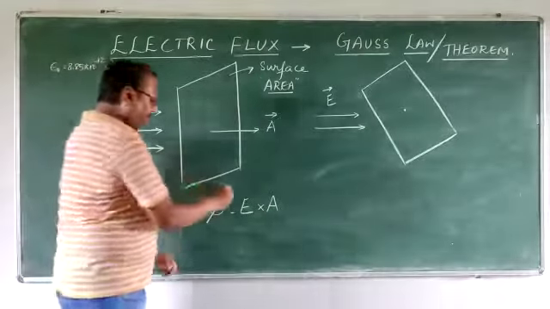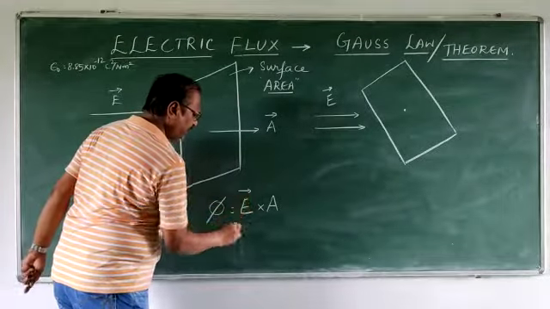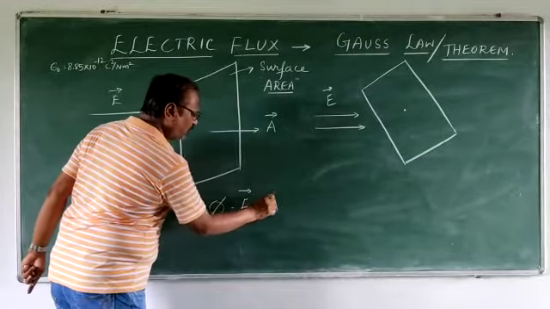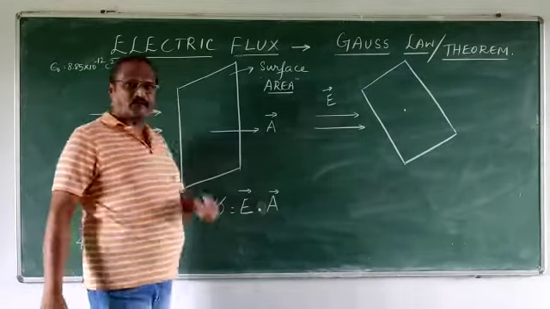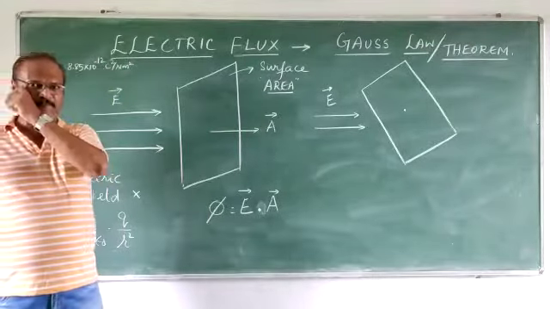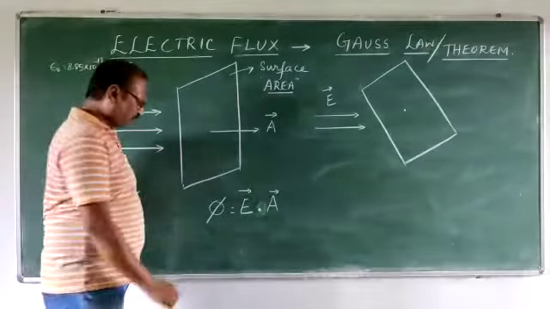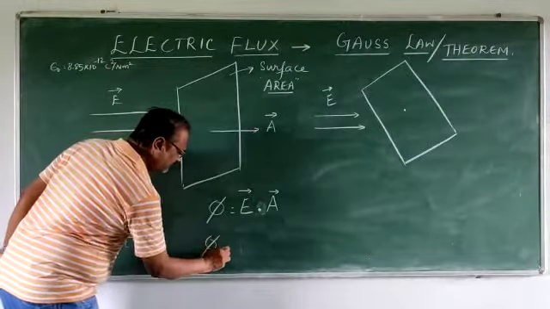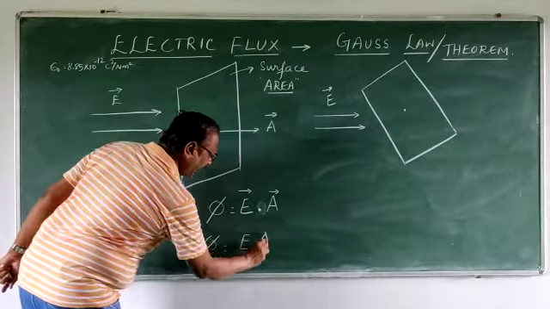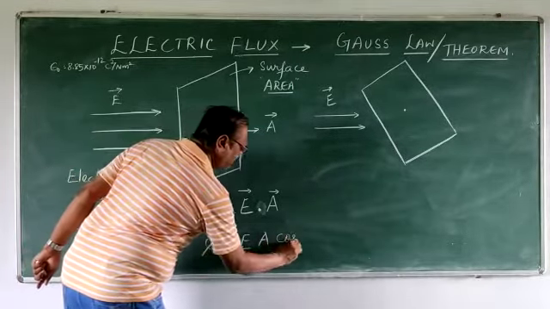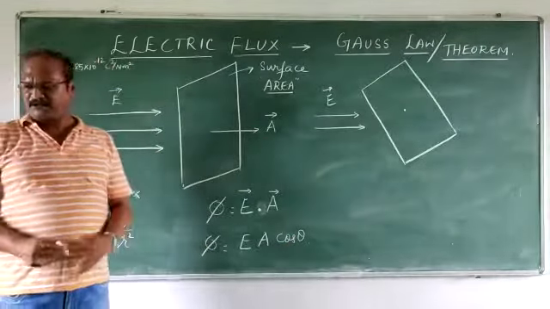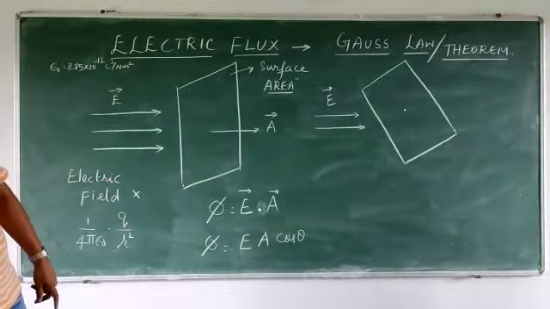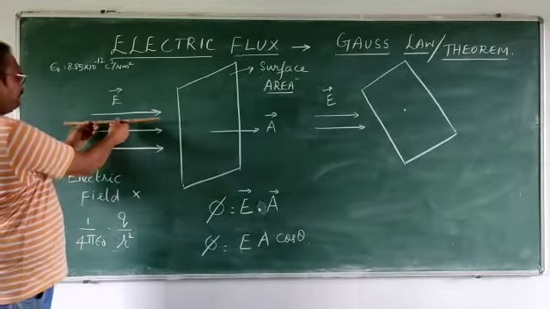Remember, the electric field is a vector quantity. Area is also a vector quantity. But this is going to be dot product or scalar product. So, what does it mean actually? Electric flux is equal to EA into cos theta, where cos theta is the component. Now, when will you get cos theta? See, the electric field is like this.